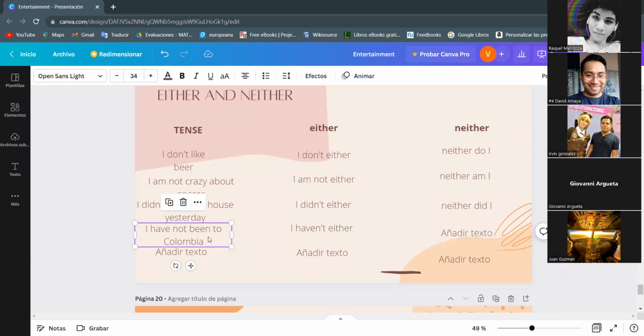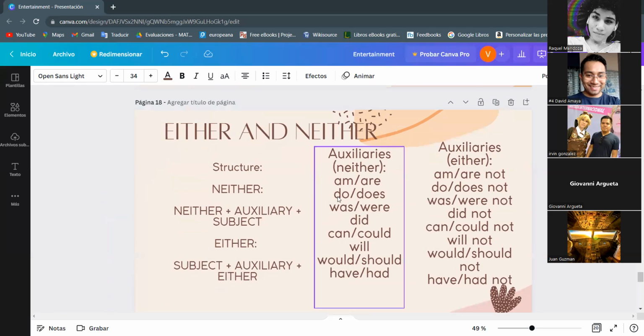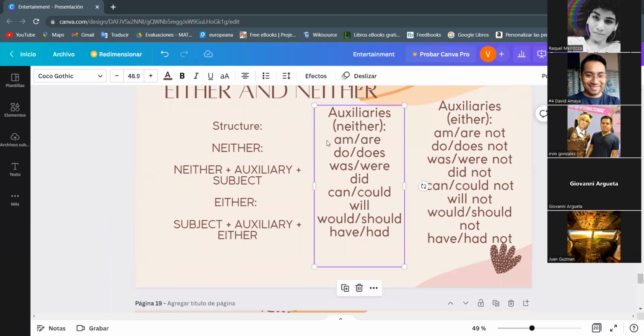What do you think is the auxiliary in the sentence I have not been to Colombia? I had not been. The auxiliary. Let's see here, the list.